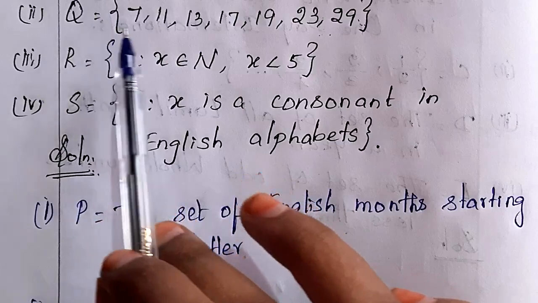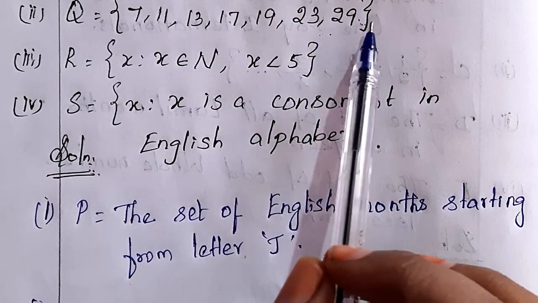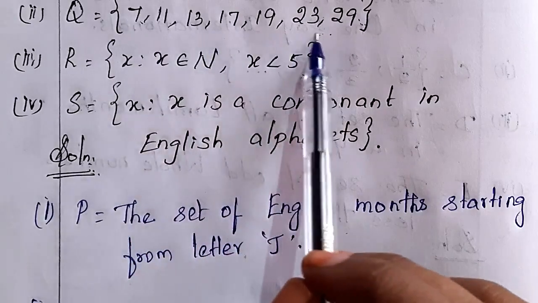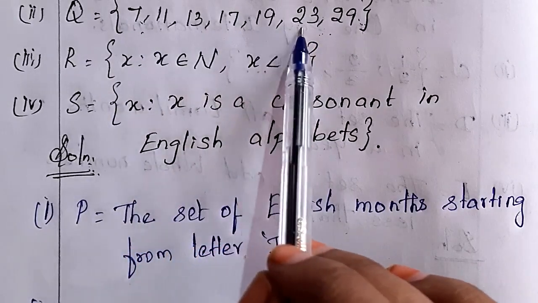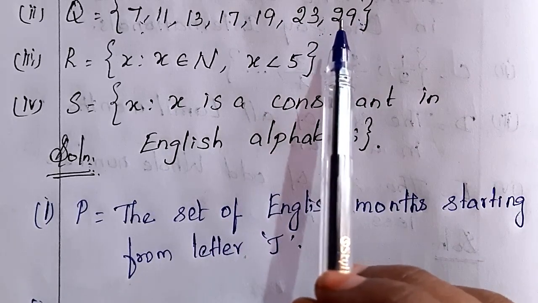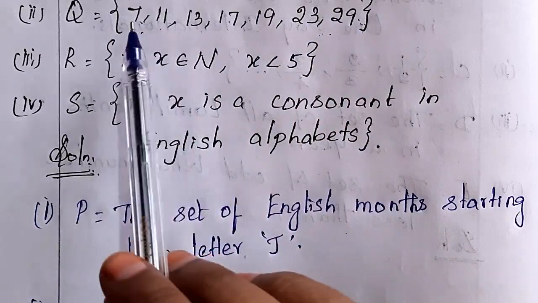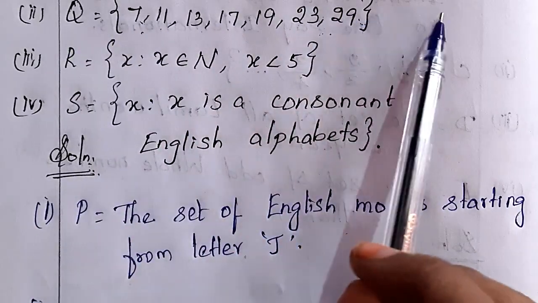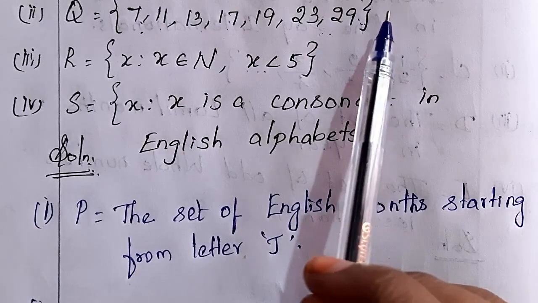We have to write in descriptive form. How can you write? See, all are prime numbers. 7 is a prime, then 11, 13, 17, 19, 23, 29. Everything is prime. But some prime numbers are missing before 7 and after 29.